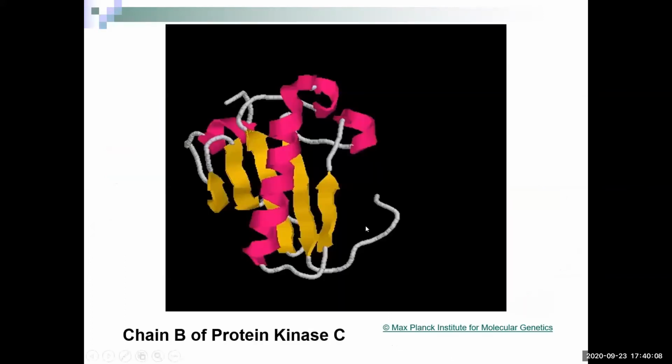So, this is an example of a tertiary structure for protein kinase. If you can observe, we have the alpha helix here, and we have the beta pleated sheet here. And of course, they are connected via different bonds.